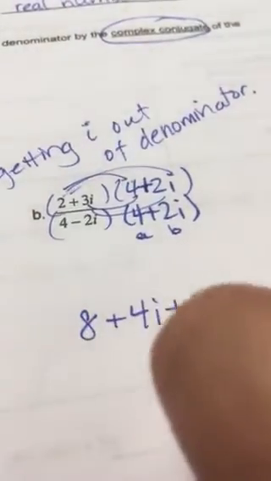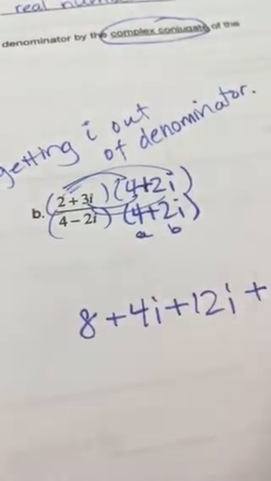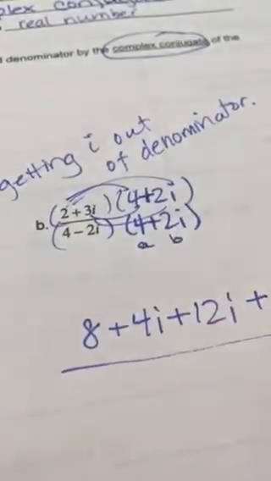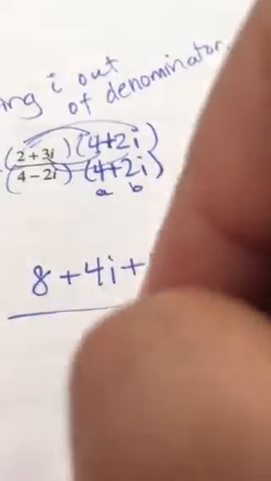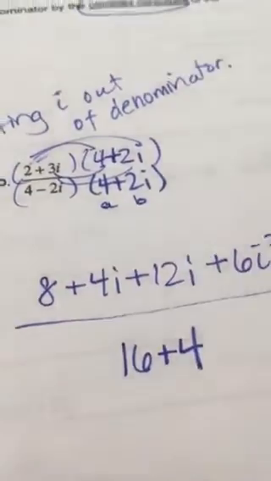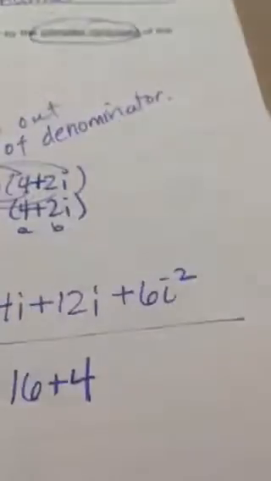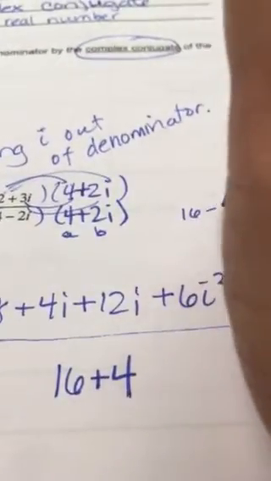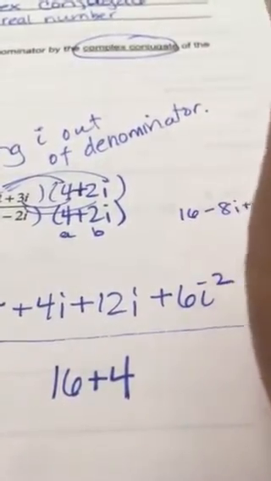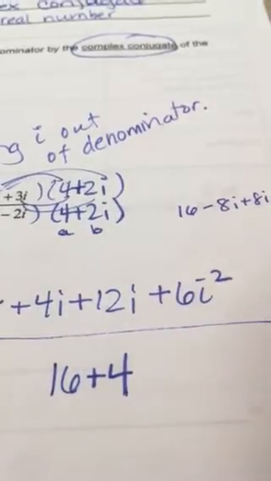4i plus 12i plus 6i squared over... I'm going to do the shortcut here. So 16 plus 4. If you need to, FOIL it out, it would be 16 minus 8i plus 8i minus 4i squared.